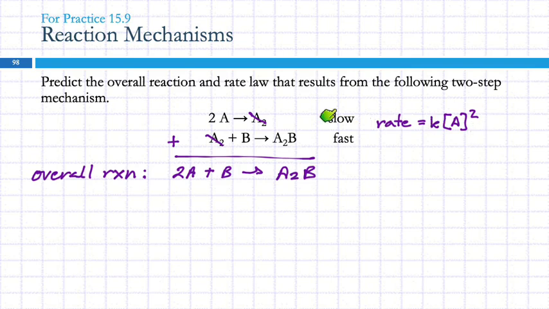No, because the first step was slow. When the first step is slow, it's easy, because that is the rate law. It gets messy when it's not the first step. When the first step is fast, then you have to do all that algebra. So the rate law is rate equals K A squared.